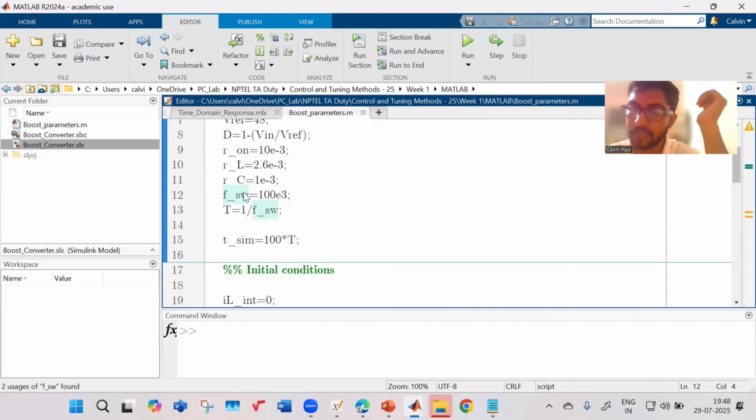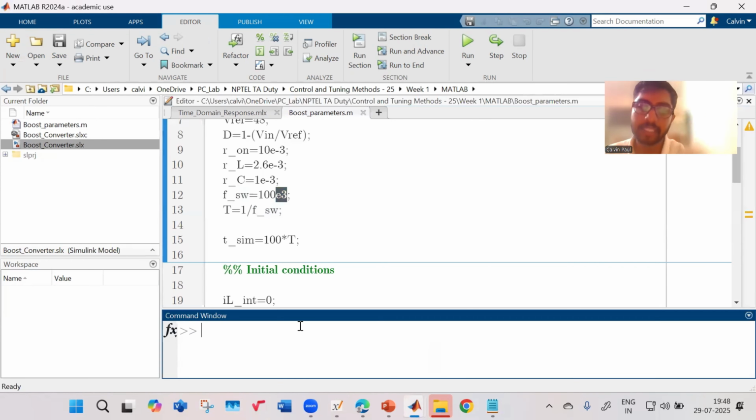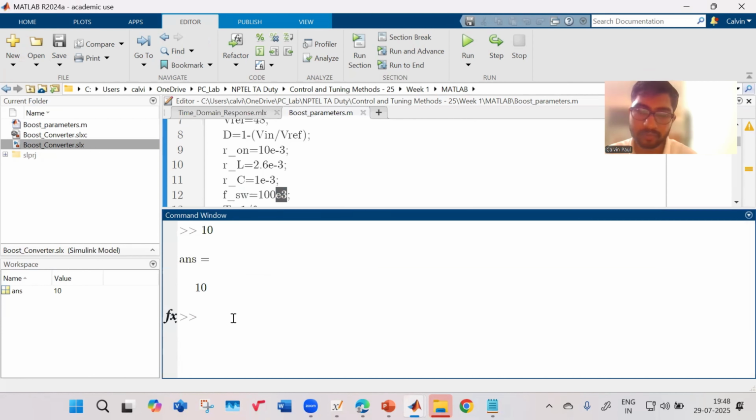Then this is the switching frequency, 100 kilohertz. This E3 means 100 into 10 to the power 3. Let us say this is 10. What if I do 10 into 1E2? That would be 1000, so 10 into 10 to the power 2.